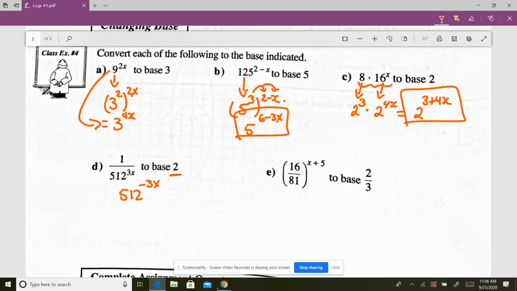Now I need to make 512 base 2. You can use your calculator. 2 to what power is 512? Just guesstimate. Don't just go 2 times 2 times 2. Well, you can do it that way, but it can take you a while. Just try a number. Try 10. It's 2 to the power of 10.